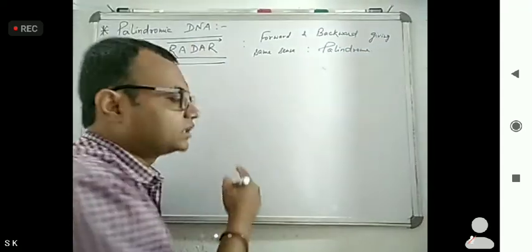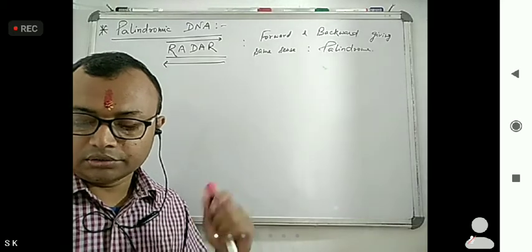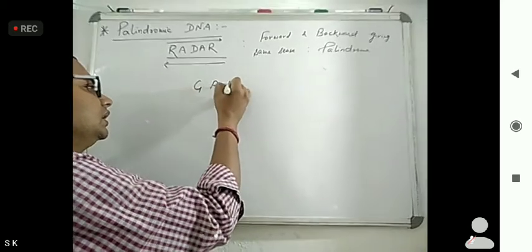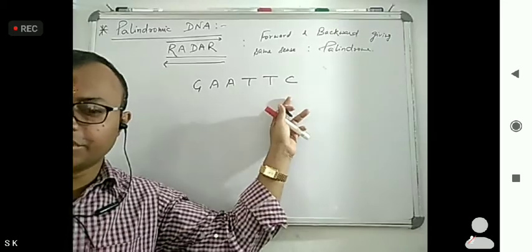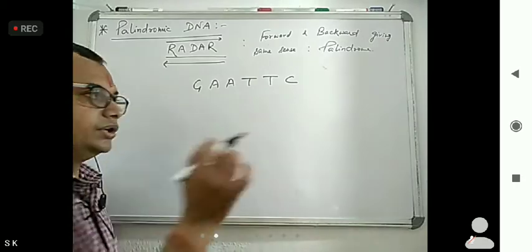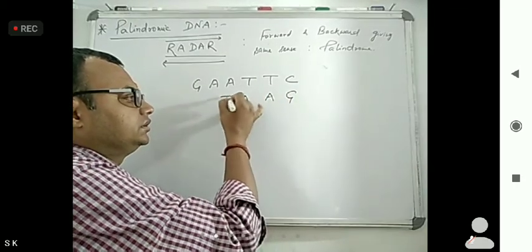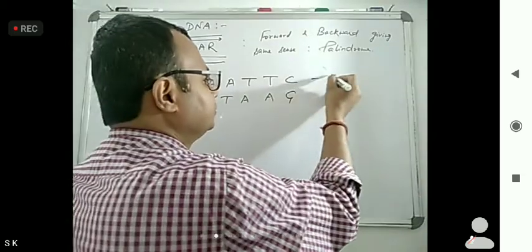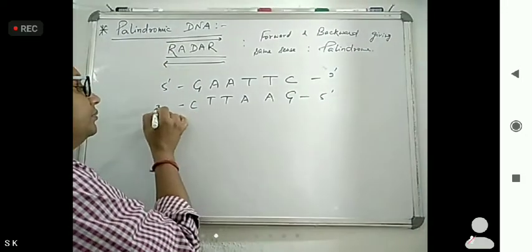Now, since we are discussing palindromic DNA, one example is GAATTC, and similarly GAATTC. This is 5 prime to 3 prime, and this is also 5 prime to 3 prime.